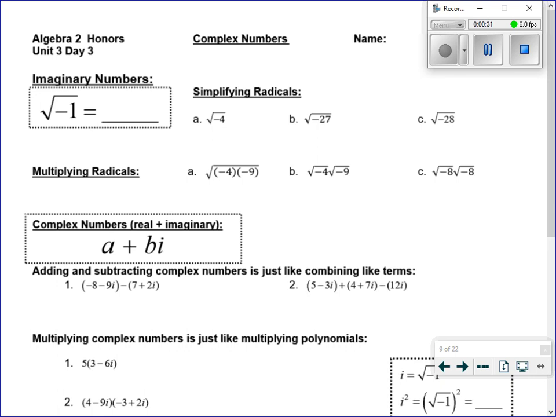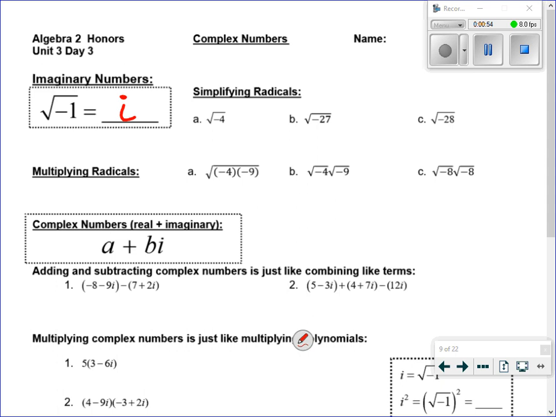Thank you. So your square root of -1, that is your imaginary value i. Looking at A, think about if I have the square root of -4. That's really like two different parts here.